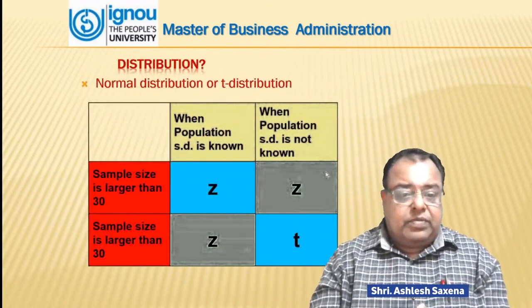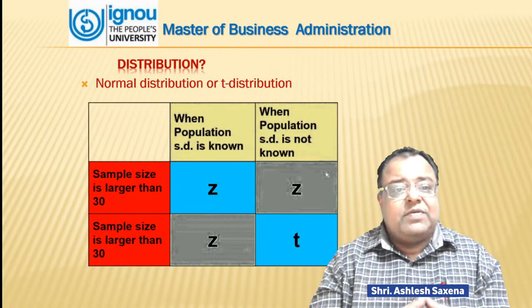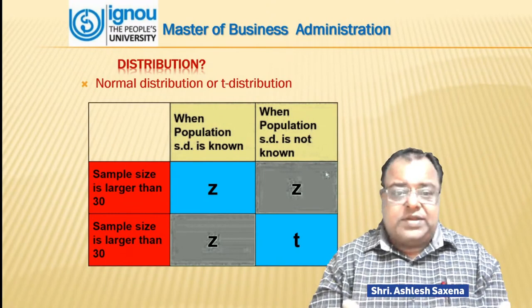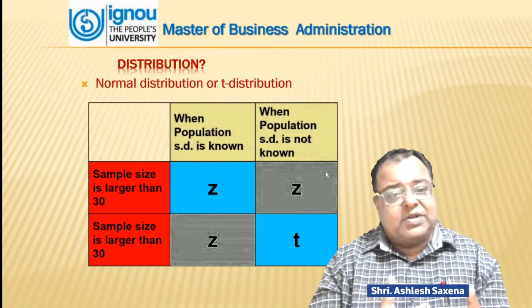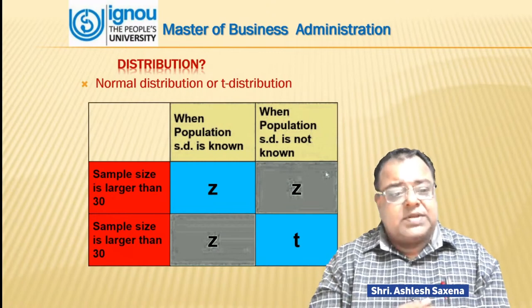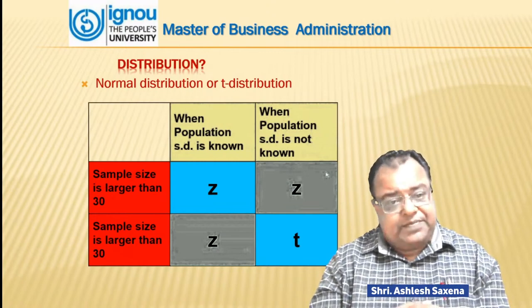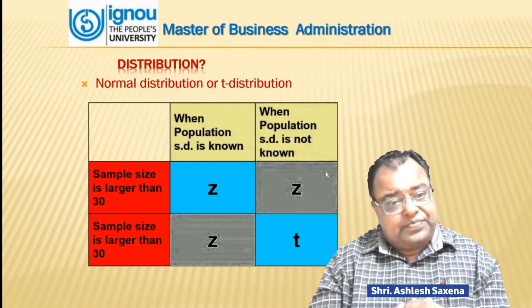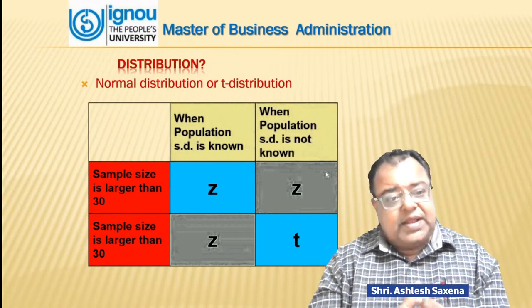Now, under what condition do we apply which distribution? We can use either the normal distribution or the t distribution. When the sample size is larger than 30 and the population SD is known, we apply the Z test.